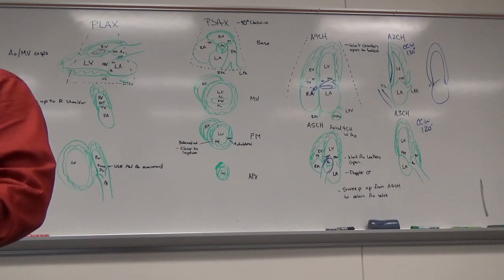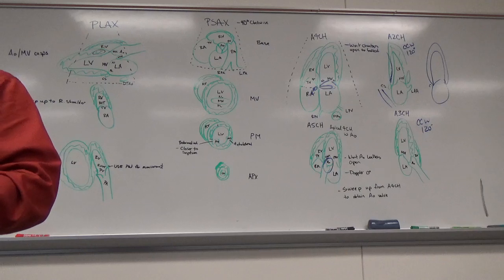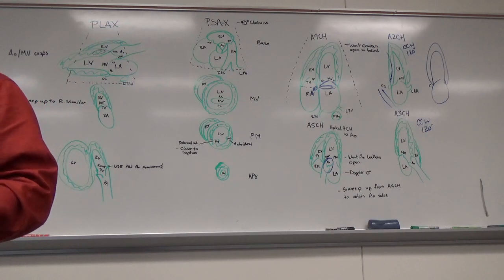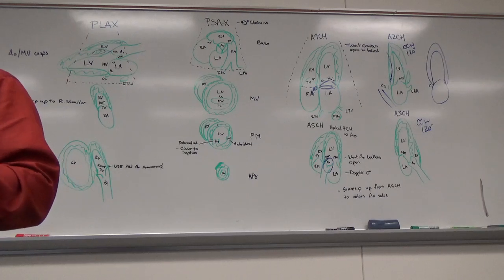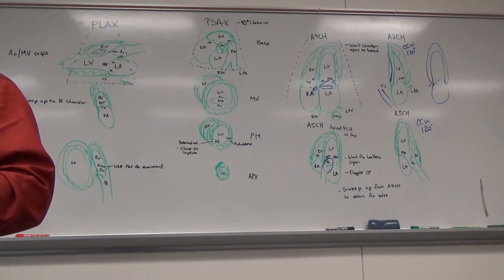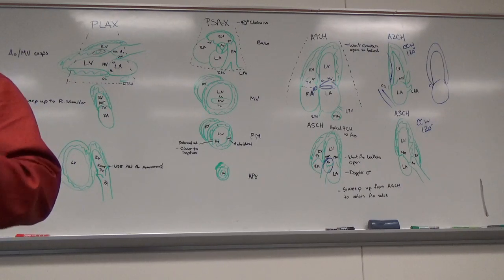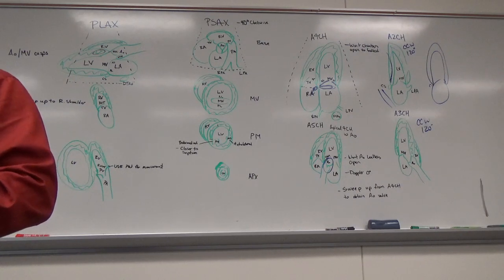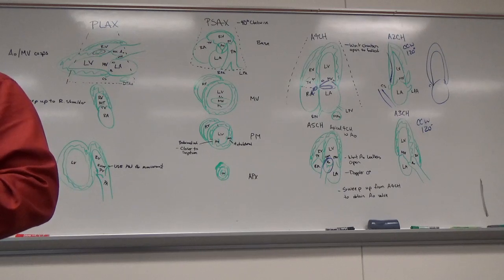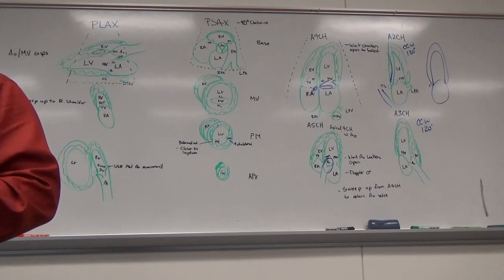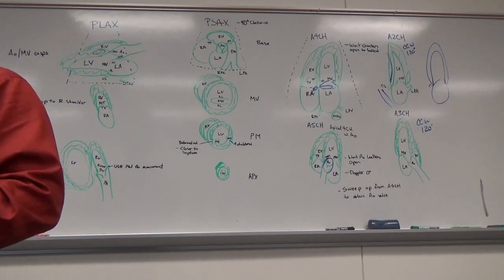So EKG is going to be on the registry. Hemodynamics that Darren teaches is going to be on the registry. You need to know your Wiggers. What happens when a valve is normal? What does it look like on a Wiggers diagram? They will show you some Wiggers diagrams and ask what valve disease is going on here, and they'll give you aortic stenosis, aortic regurgitation, mitral regurgitation, and mitral stenosis.